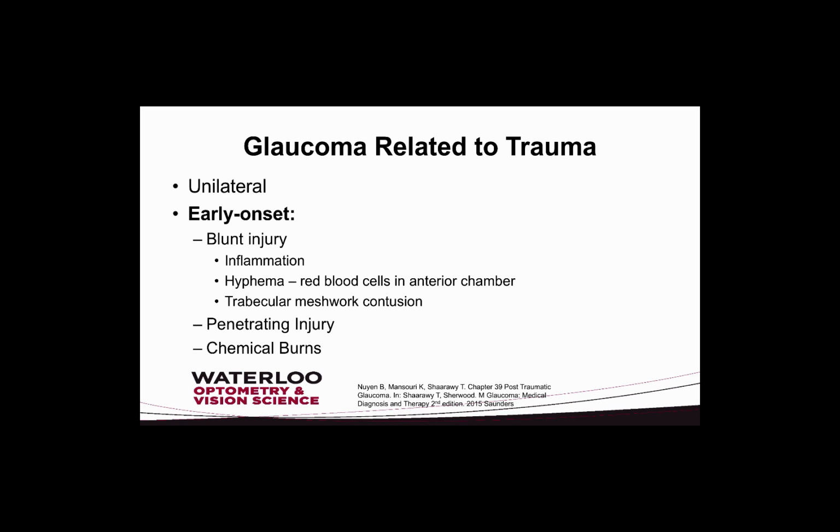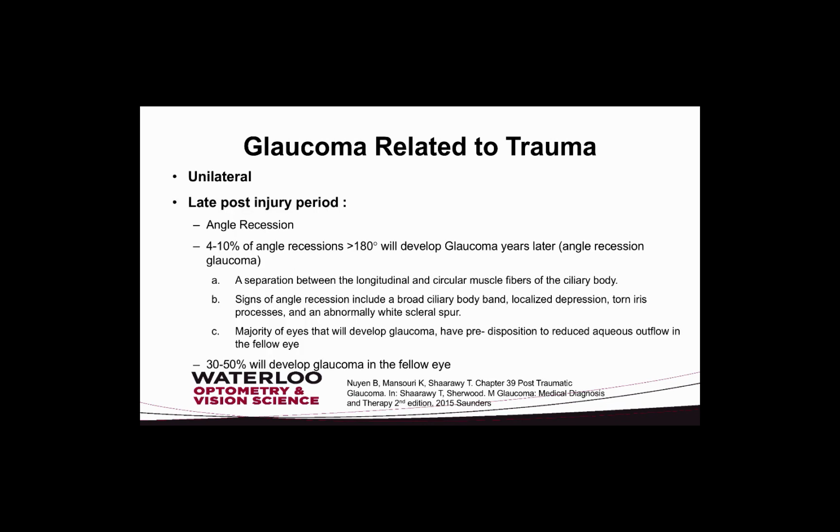But blunt injury can cause early onset glaucoma, and this occurs from inflammation, which leads to inflammatory cells clogging the trabecular meshwork, hyphema, which leads to red blood cells accumulating in the trabecular meshwork, or trabecular meshwork contusion, which causes significant damage to the trabecular meshwork, also reducing outflow of aqueous humor through the trabecular meshwork. Penetrating injury and chemical burns can also cause an obstruction to outflow as well.